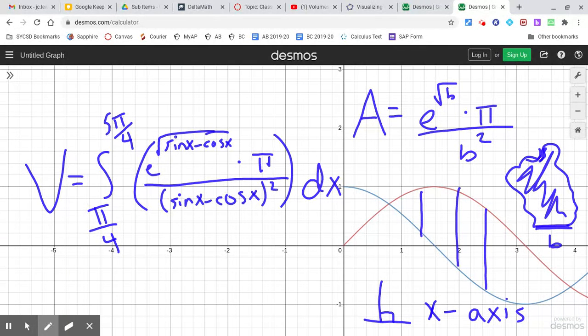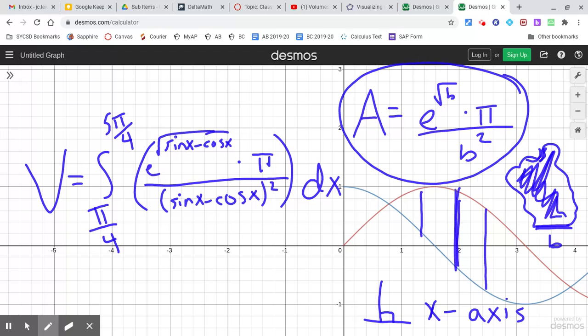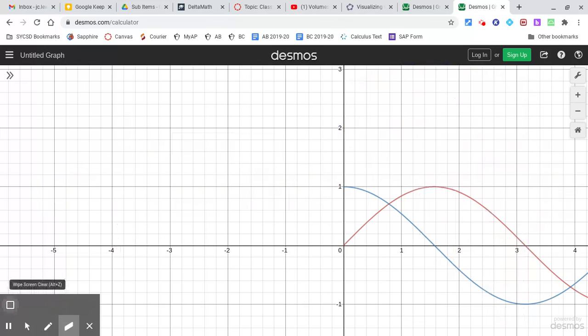So it didn't even matter that this is some fictitious made up shape, because I had the area formula for one of these things and I knew what the base was, and where that sat. And I was able to set up a volume integral expression for this. I hope that helps you figure all this out. I hope that's a good crash course in cross sections where we're able to do different shapes.